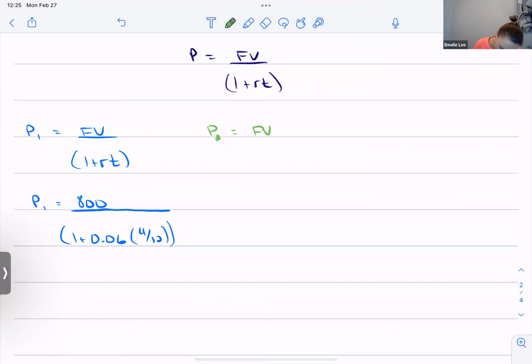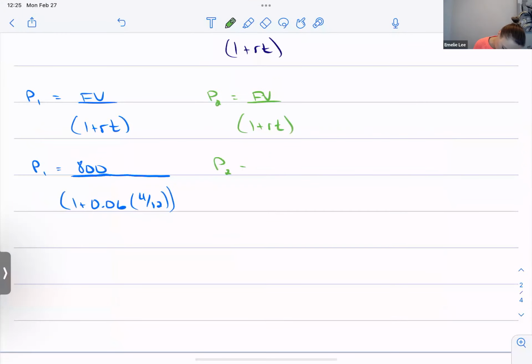P2 is the future value over 1 plus R times T. So P2 is also $800 divided by 1 plus 0.06 times 8/12. Notice that the only thing changing is the time. So you don't want to forget to change it, otherwise you'll have the same value over and over again, right? But they're basically the same.